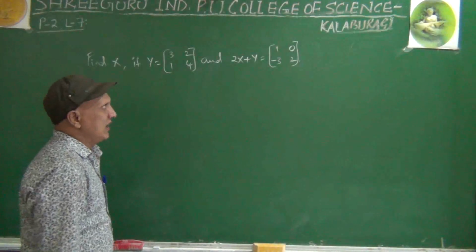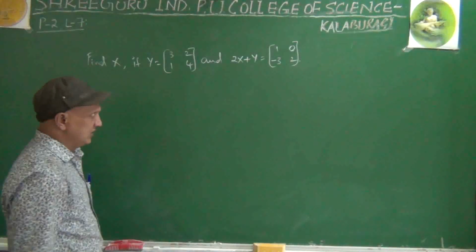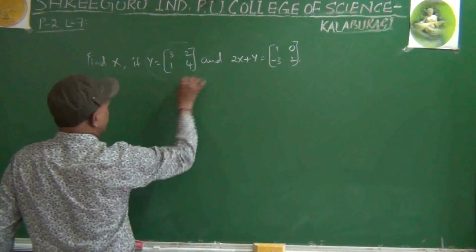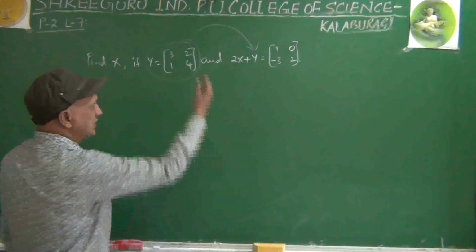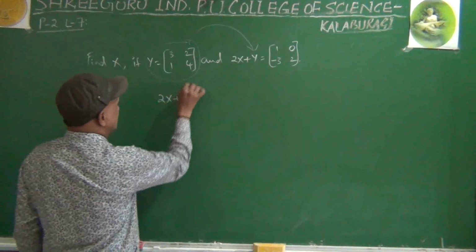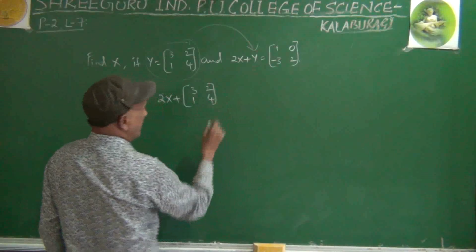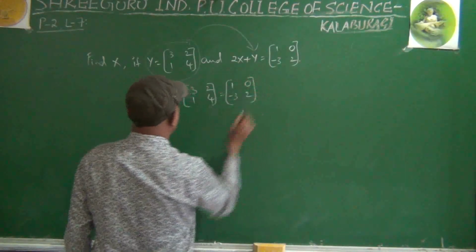In the last class, I asked you to solve one question, right? This is the one. Just substituting this y value here. So 2x plus y, which is 3214, equals 10 minus 32.